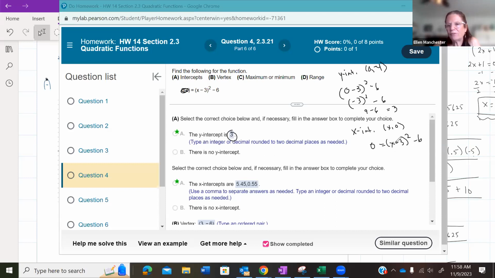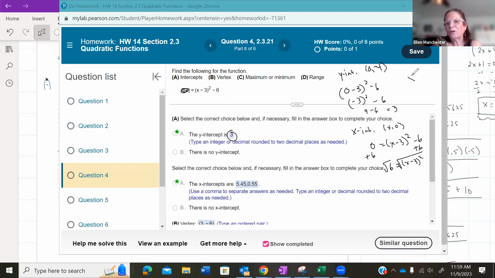Now the only variable I'm looking for is my X. So this is solving for X. I'm going to add 6 to both sides. So I get 6 equals (X - 3) squared. Anytime you have something squared, in order to get rid of it, you're going to do inverse operations. So you're going to square root it.